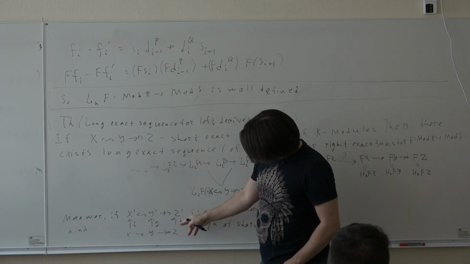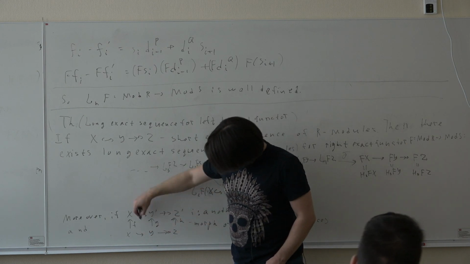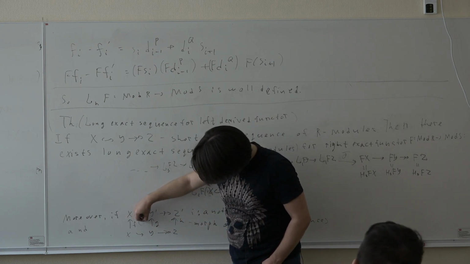Morphism of short exact sequences means simply that these squares are commutative.